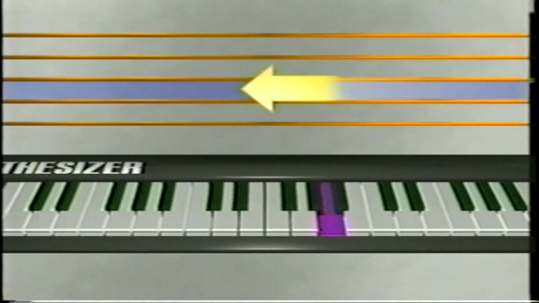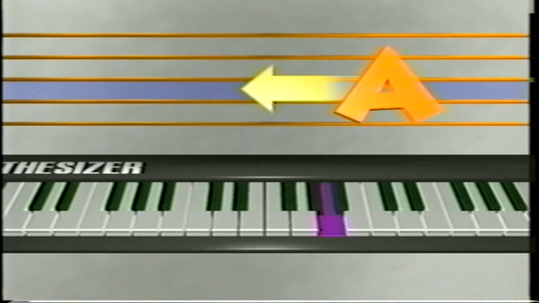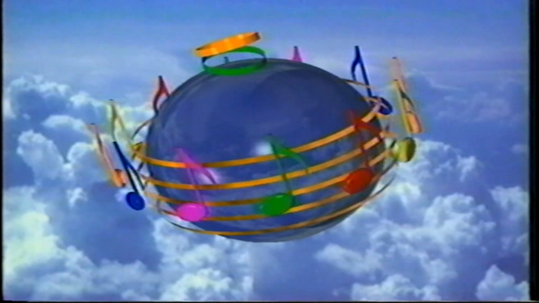This space on the staff represents this musical sound. It will also always represent this same sound or pitch. This pitch is called E. And this pitch is called A. We'll learn more later about the different pitches on the staff.